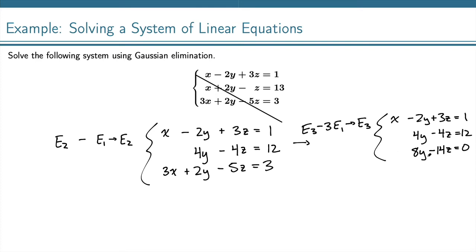To get this into triangular form, now we just need to get rid of this 8y right here. It's really easy to get rid of this 8y by subtracting 2 of this 4y. So we're going to take equation 3 and subtract 2 times equation 2, and that will be our new equation 3. So our new system of equations, our first equation and our second equation stay the same.